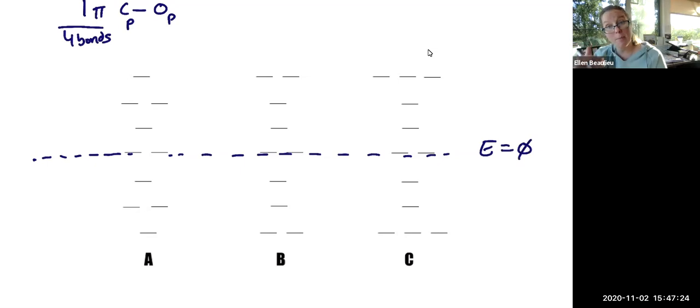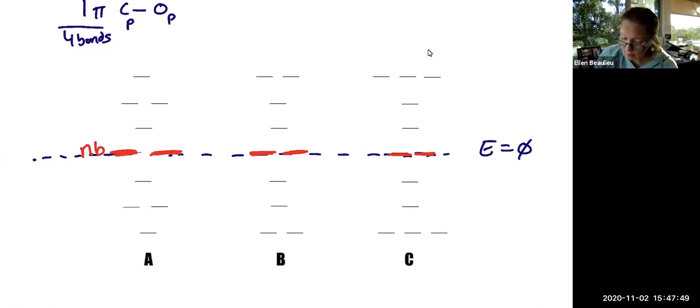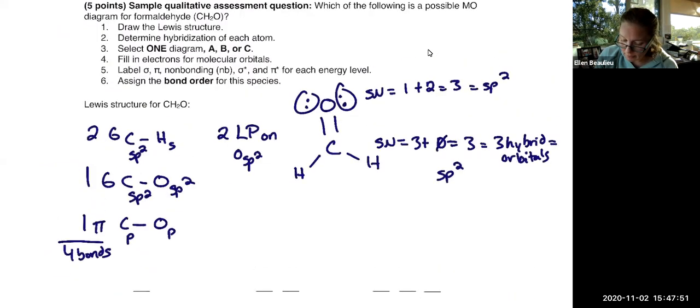So neither stabilized as a bonding interaction nor destabilized as a non-bonding interaction. And each of my options had 2 orbitals at this level. That would be where your non-bonding orbitals come, that energy equal to 0 or equivalent to the non-bonding electrons.